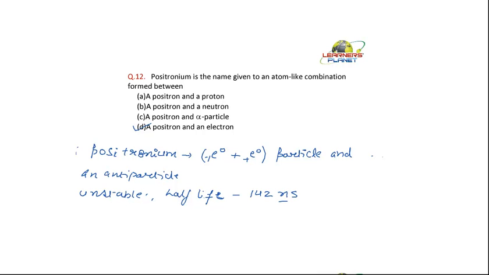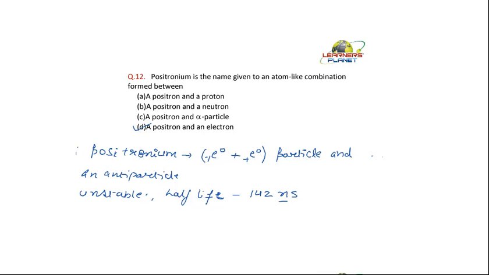That is, in 142 nanoseconds, the amount of positronium will reduce to half. Whatever amount you take, say 10 mg, it will reduce to 5 mg in 142 nanoseconds, which is very short.